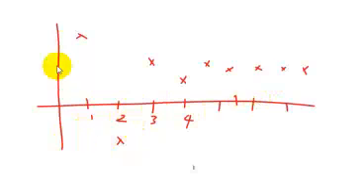Keep that in mind: a sequence is a real function of indices. These are called the first term, second term, third term, fourth term, and this is the general term, the nth term.